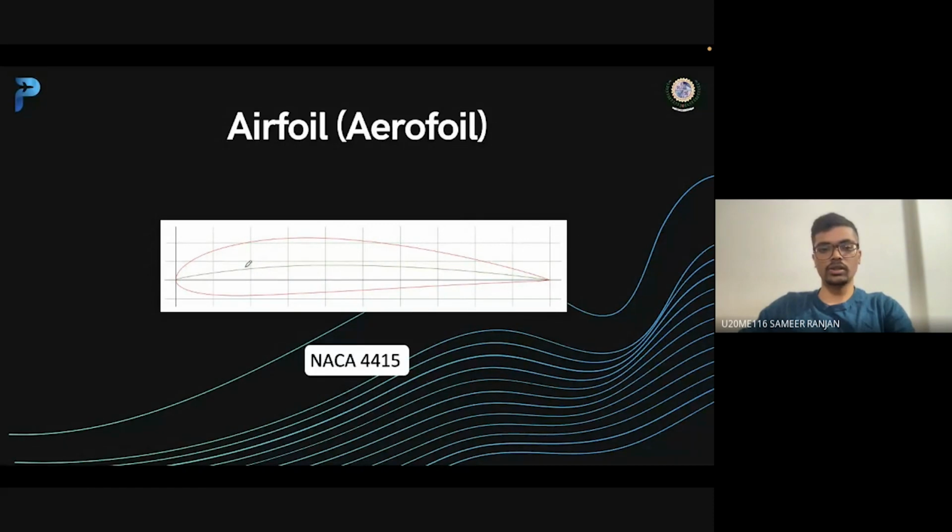If you want to say it in layman's language, it is basically the curved part, how much curved the airfoil is. That is the significance of the camber line.